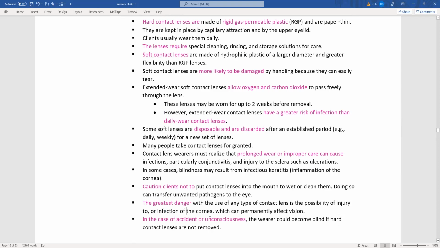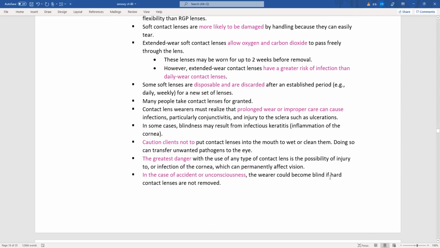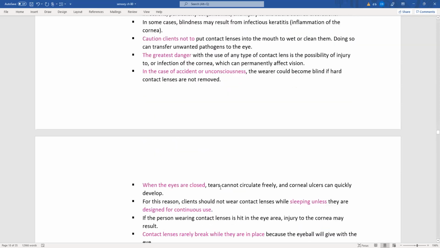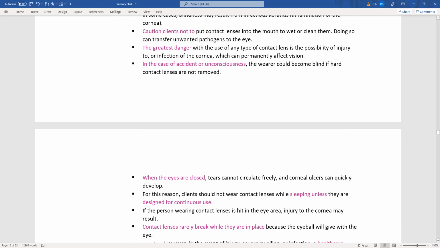In the case of accident or unconsciousness, the wearers could become blind if hard contact lenses are not removed. When the eyes are closed, tears cannot circulate freely, and corneal ulcers can quickly develop. For this reason, clients should not wear contact lenses while sleeping unless they are designed for continuous use.